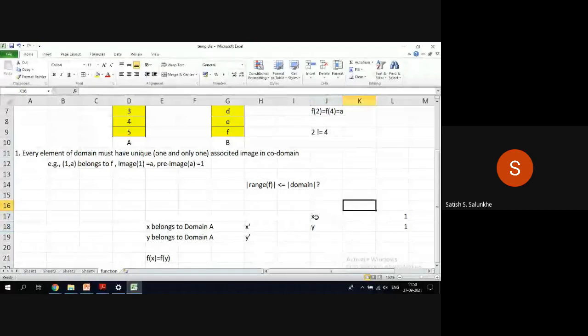An element of domain is related to only one element. This is allowed in a function, but we are restricting that function in a stricter manner: every element of domain must have a unique image in codomain and vice versa.